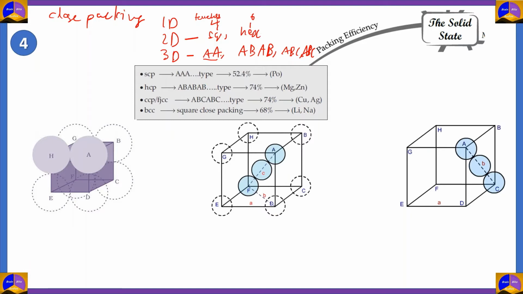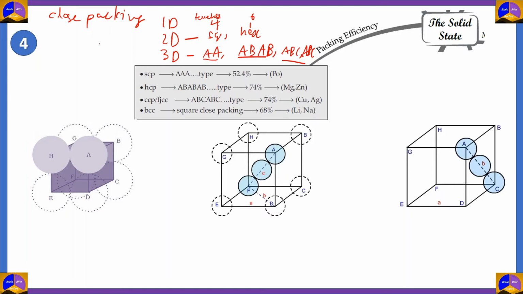The second layer is trying to fill the voids occupied by the first layer. So that is why it is called ABC, ABC. So these are all the various ways in which we can closely pack constituent particles in solids.